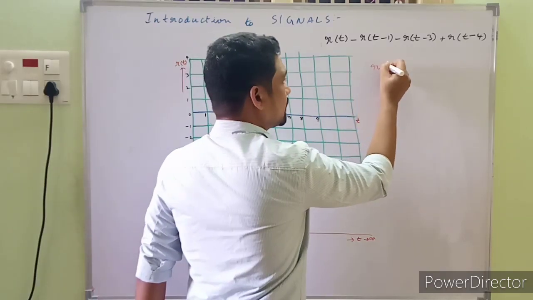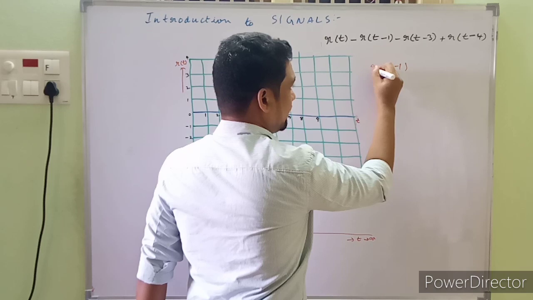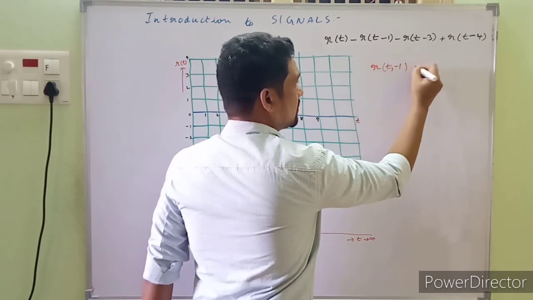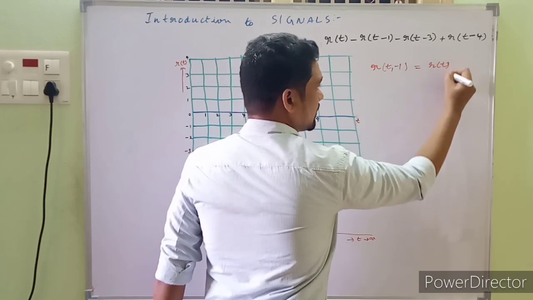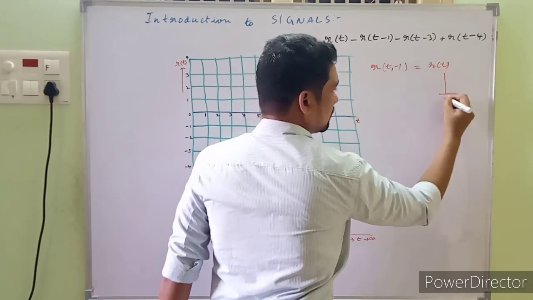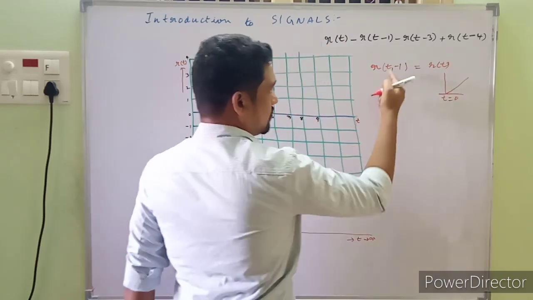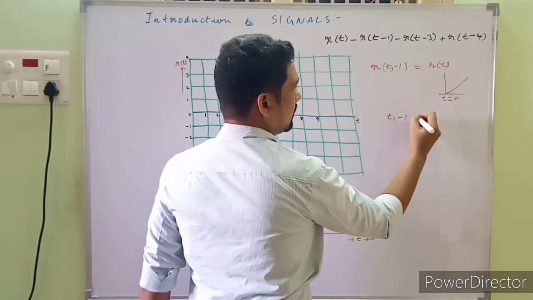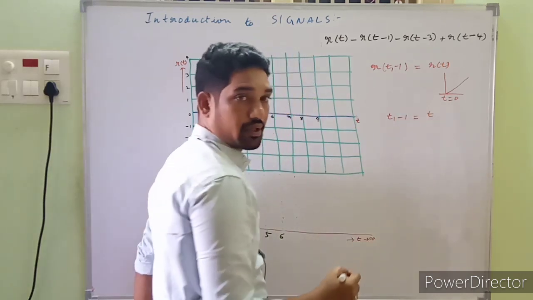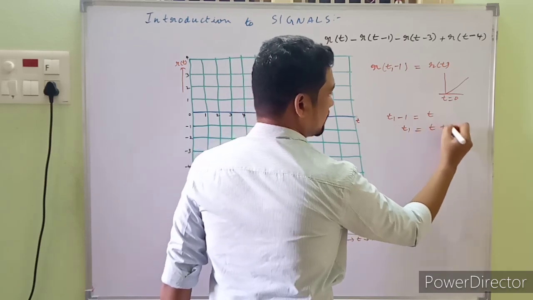This is the proof. R of t minus 1, t1 equal to t minus 1 for convenience. R of t minus 1 is a manipulated version of R of t. My R of t starts commencing from t equal to 0, like this one, with a unity slope. So t1 is equal to t minus 1, which is a manipulated version of t, and t equals t1 plus 1.